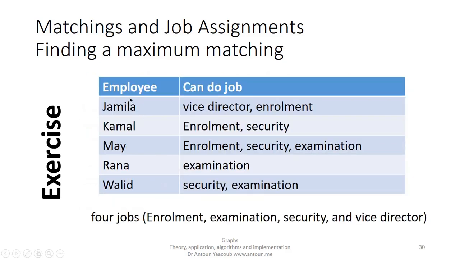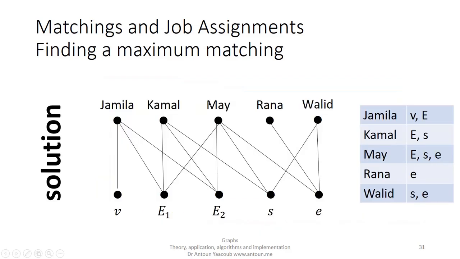So we have here the employees and what they can do, and we have 4 jobs: enrollment, examination, security, and vice director. I will represent the employees by set V1 and the jobs by set V2, and there's an edge between, for example, an employee and the jobs that he can do.